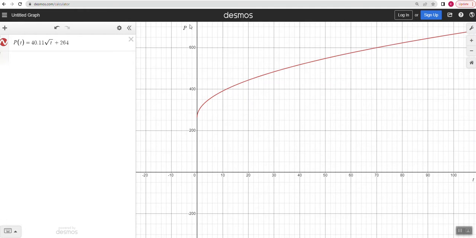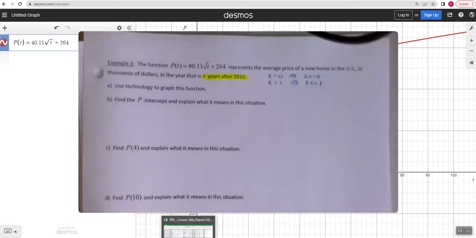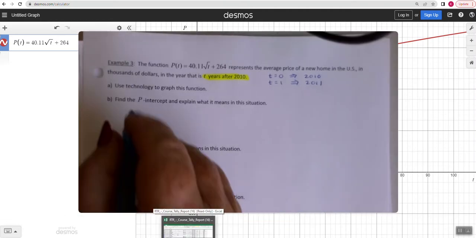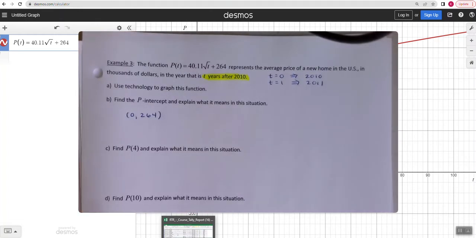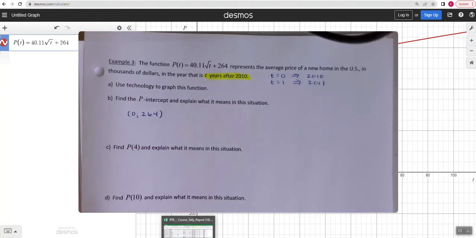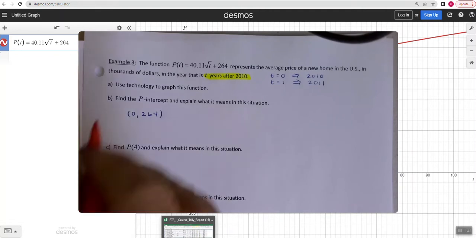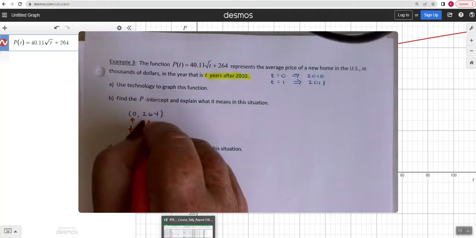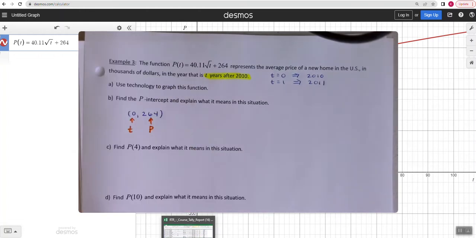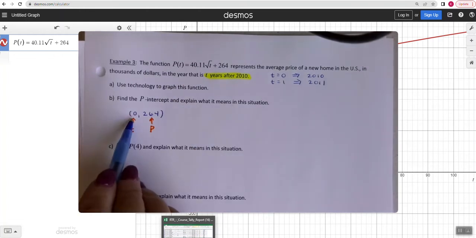All right, so in this case, we want the p-intercept, where we cross the p-axis. Right there is (0, 264). All right, what does it mean? Well, again, remember, our input variable is t, output this time is p, the price, and t equals 0 represents 2010.